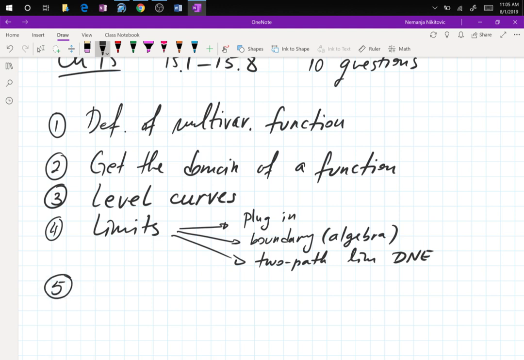Number 5, partial derivatives. Number 6, chain rule.